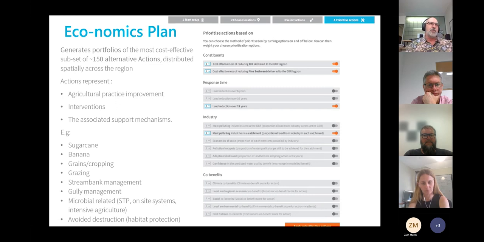There's a list there of all the different lumped up action areas. We'll split those out and we get about 150 different things. This image on the side represents the basis of coming up with those portfolios, which is to identify for the intended investment what the priorities are. Whether the priorities are on water quality elements or what we've represented in Reefonomics as co-benefits, it's about the relative importance of different values in coming up with that portfolio.